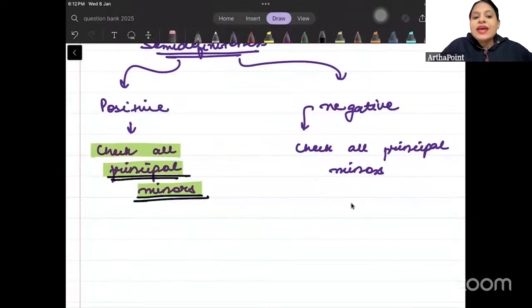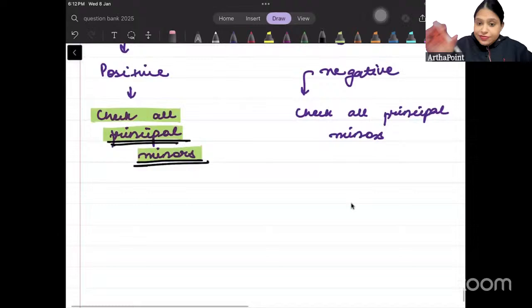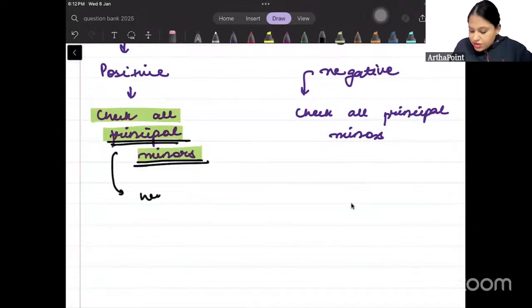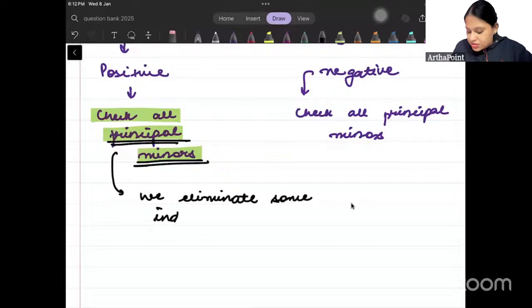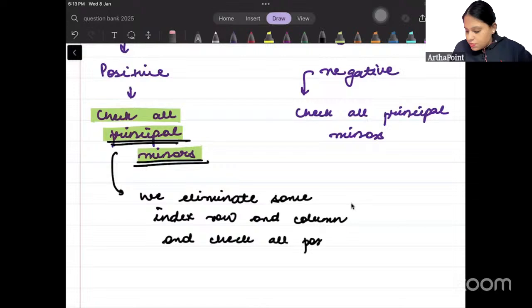That is what we want to highlight today. Please write it down with me: the key difference is that in principal minors we eliminate the same index row and column, and check all possible principal minors. Let me give you one example.